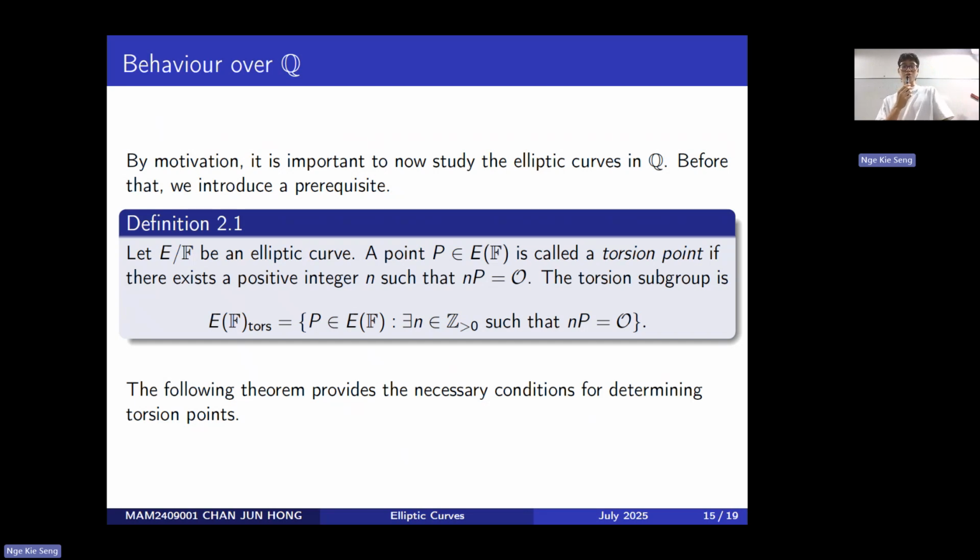So before that, we introduce a simple prerequisite, which states that for an elliptic curve over a field F, a point P is called a torsion point if there exists a positive integer n such that nP equals O. So this torsion group will be labeled as this, E(F) torsion. And then the following theorem will provide the necessary conditions for determining all these torsion points.